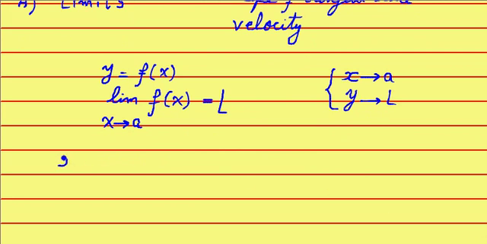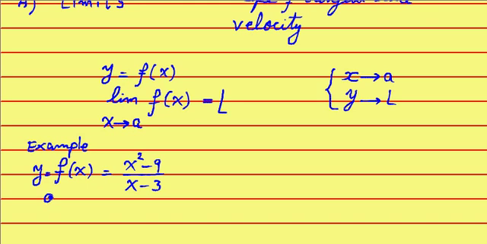Let's take a very simple function here, f of x. So here's going to be an example. f of x is equal to x squared minus 9 over, say, x minus 3. My function is given by this formula.